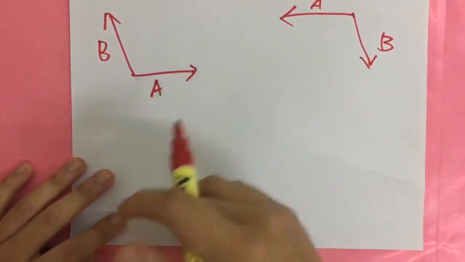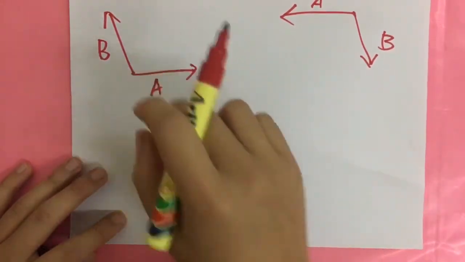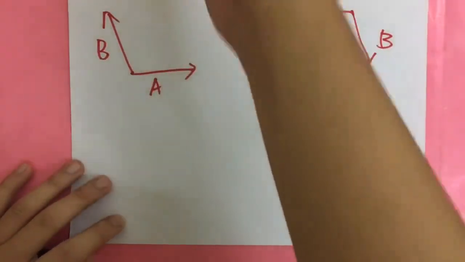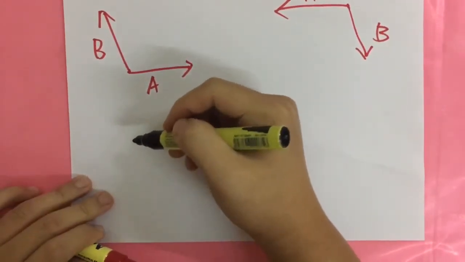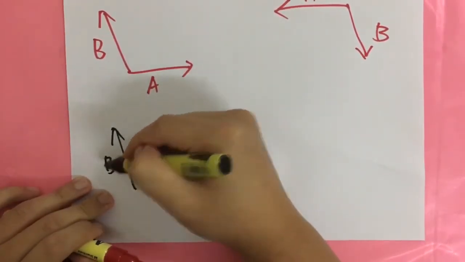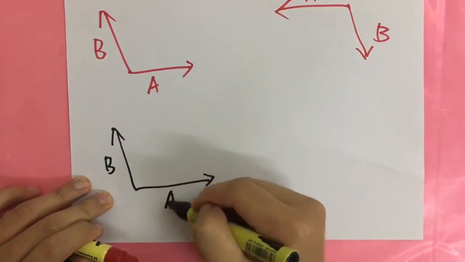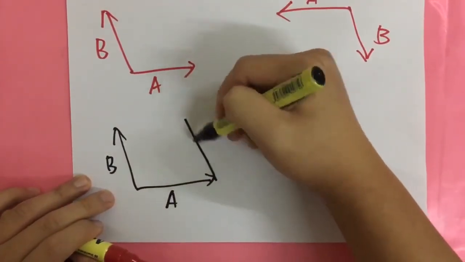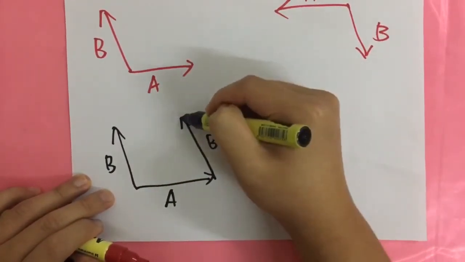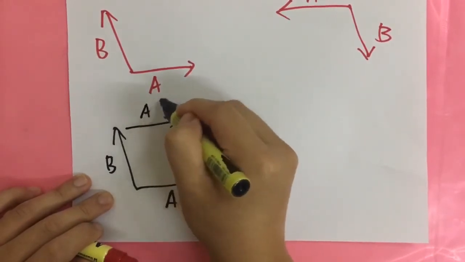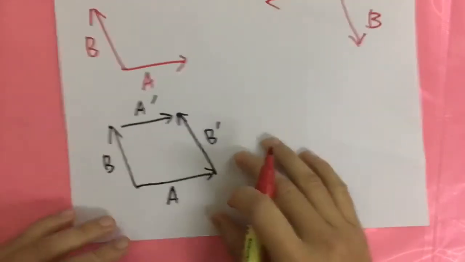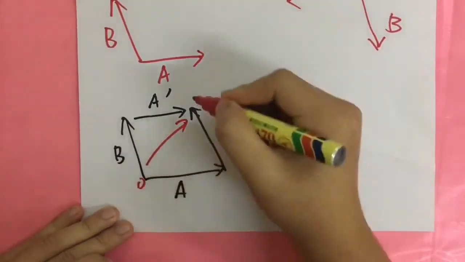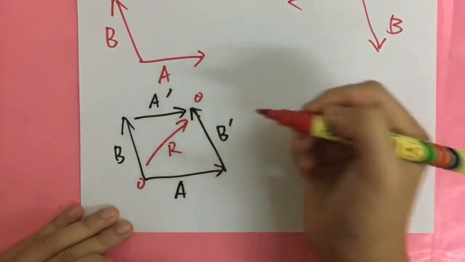What should we do? We always have to find the final point of the diagram, same as the previous diagram. We draw B, copy A, then another B, then another A. Then our resultant line would go from the starting point to the final point. This would be our R.